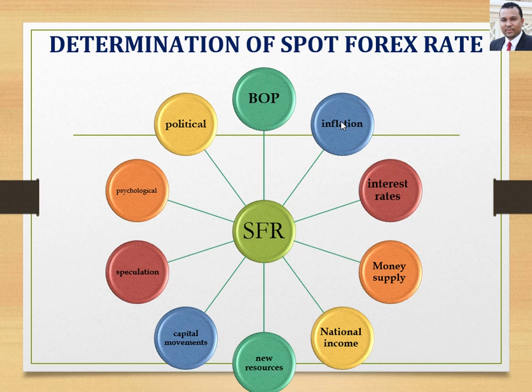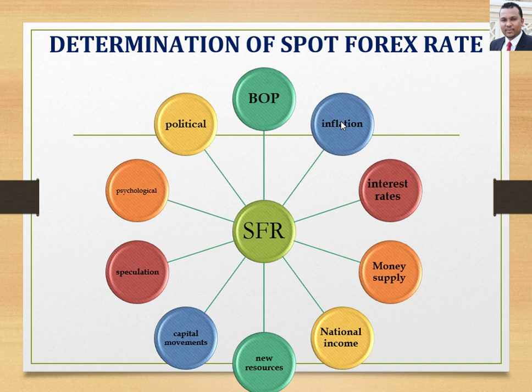Mainly, we talk about inflation as a critical factor in the forex rate. For example, when the inflation rate in Egypt is, say, 9%, and in USA the same 9%, the forex rate between US dollar and Egyptian pound remains constant.